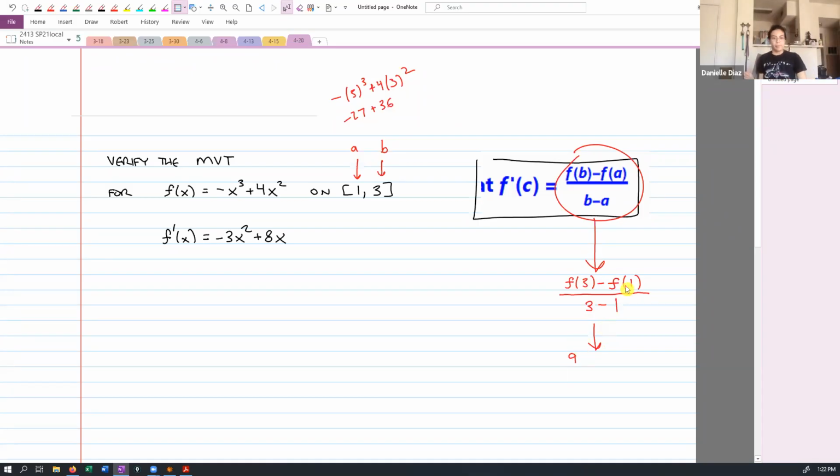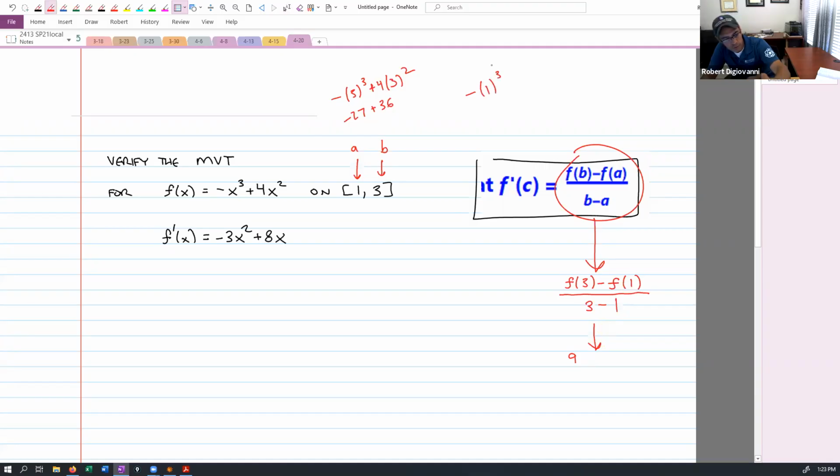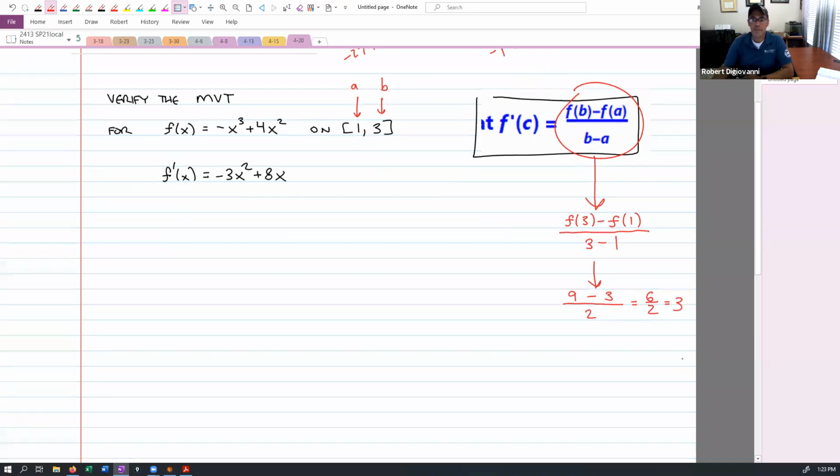Now plug in 1. I have negative 1 cubed plus 4 times 1 squared. This is going to be negative 1 plus 4, so that should give me a 3. So 9 minus 3 over 3 minus 1, that's 2. And so we wind up getting 6 over 2, which is 3.